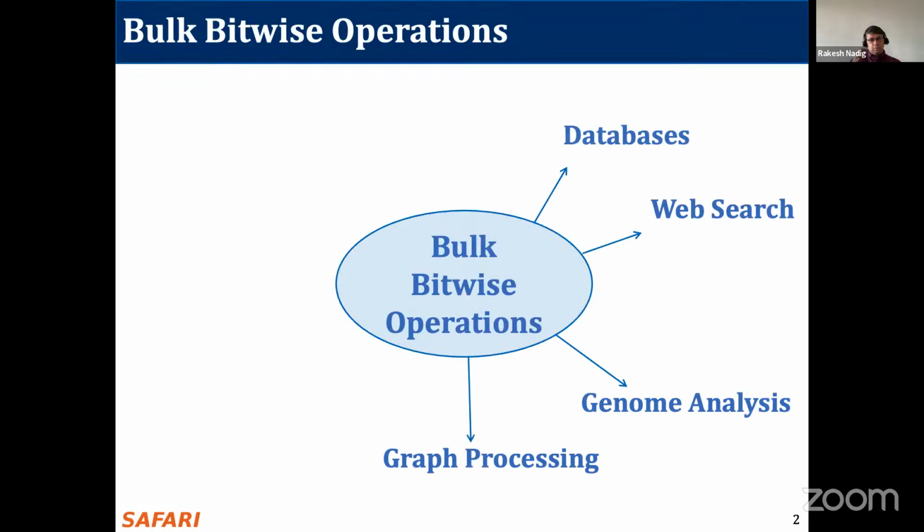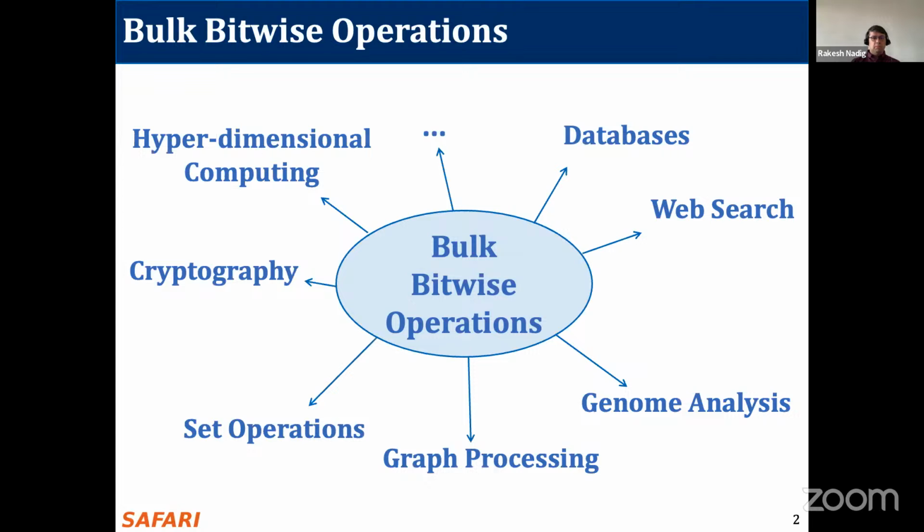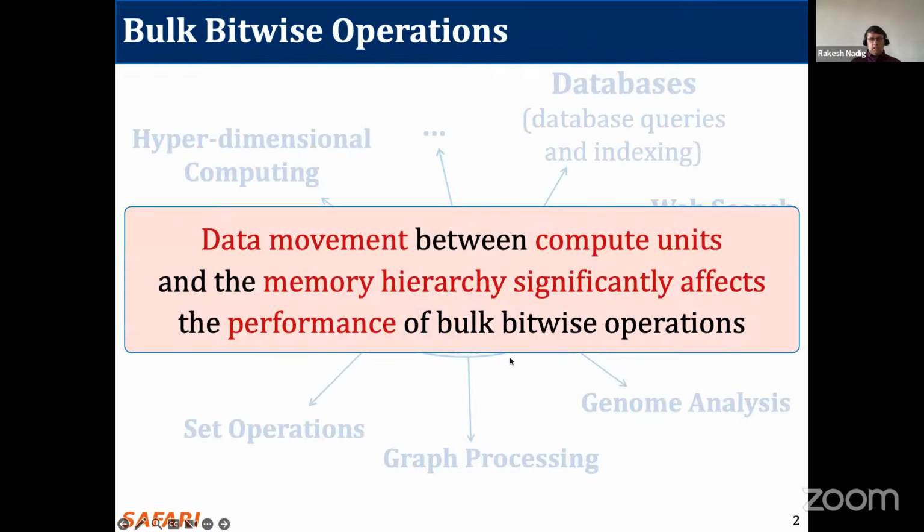Moving into the motivation, bulk bitwise operations are present in all kinds of applications that we use in our daily lives. We use databases, web search, genome analysis, graph processing, set operations, cryptography, and hyperdimensional computing. A lot more applications also have these bulk bitwise operations. But the key challenge of these operations is the data movement between the compute units and the memory hierarchy.